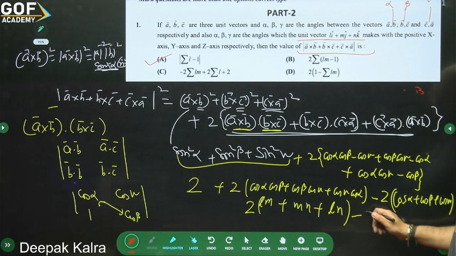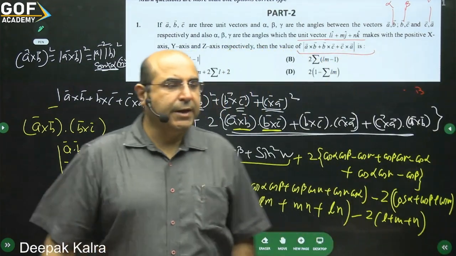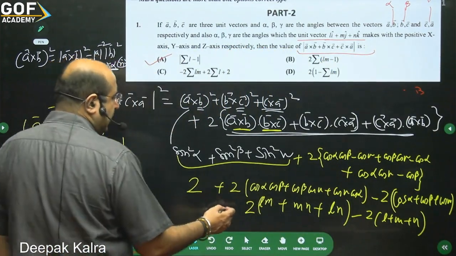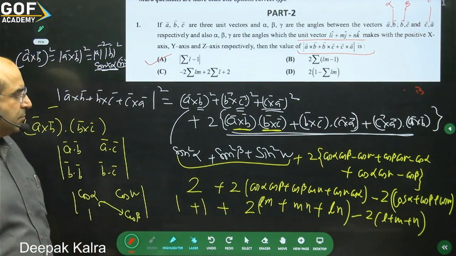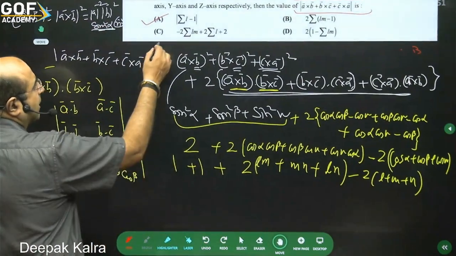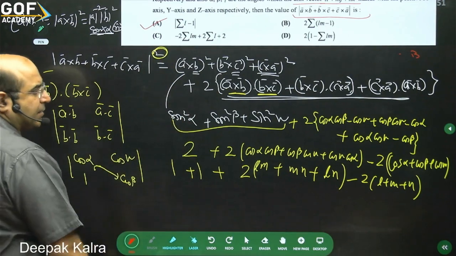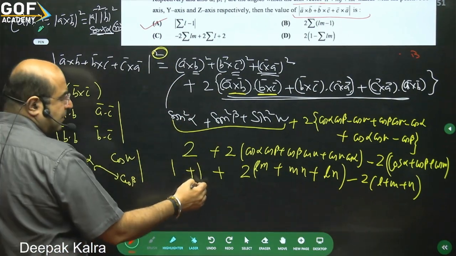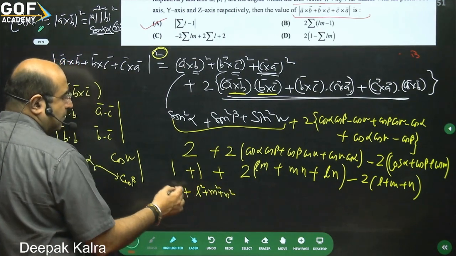This is nothing but minus 2 times L plus M plus N. Okay. And this 2 I'll write it as 1 plus 1. How this works? Please understand, this is whole square I am calculating. This is whole square I am calculating. How it works? This one I'll write L square plus M square plus N square plus 1.